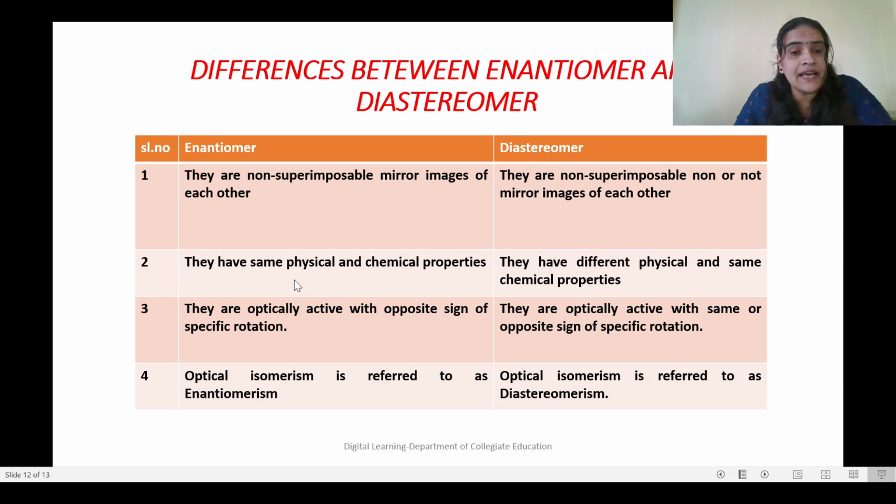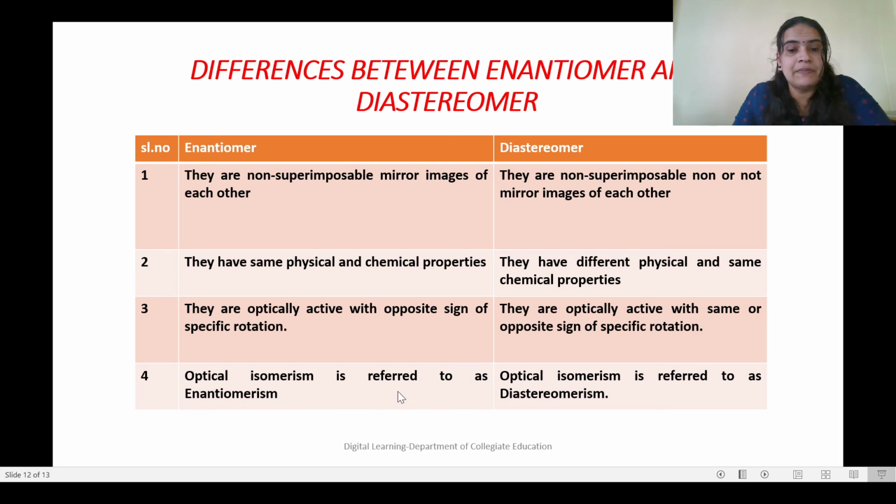Then enantiomers have the same physical and chemical properties, whereas diastereomers have different physical and chemical properties, so that separation of diastereomers is easy. Enantiomers are optically active with opposite signs of specific rotation, whereas diastereomers do not rotate the polarized light. They do not have any specific rotation.